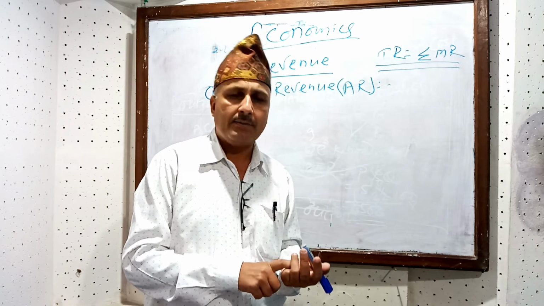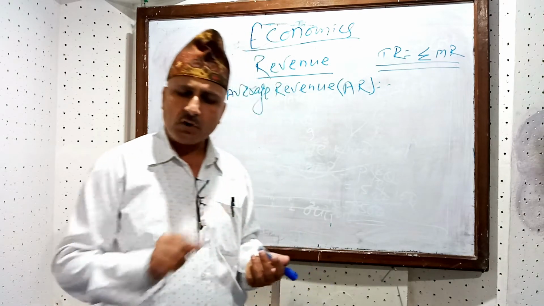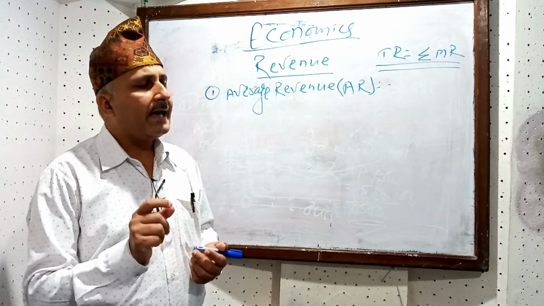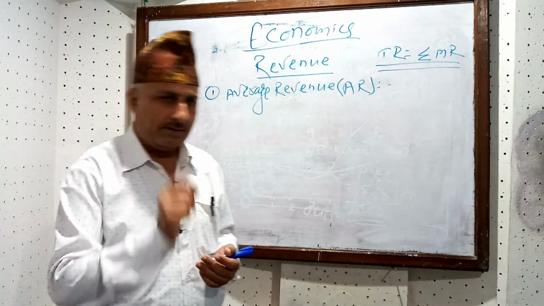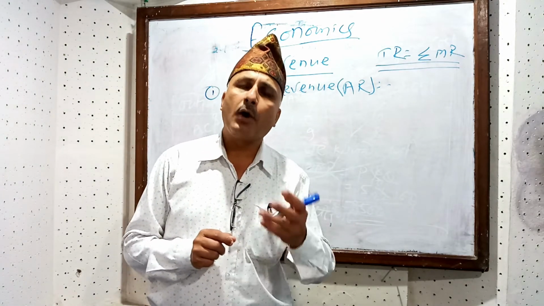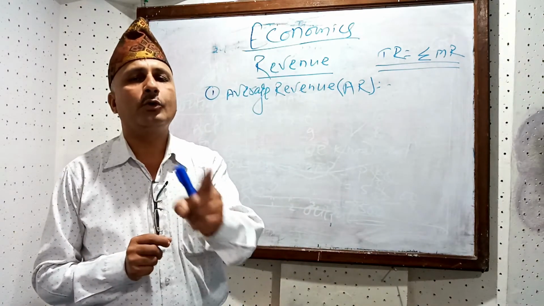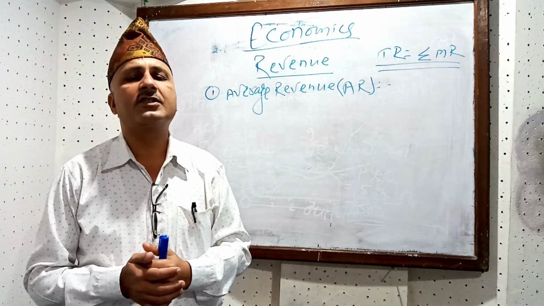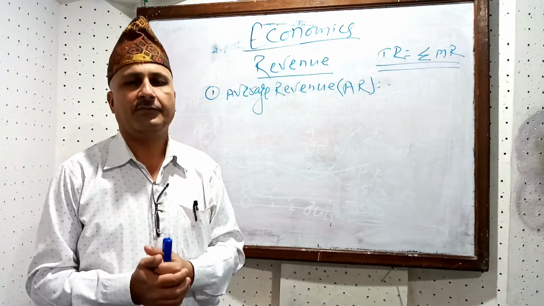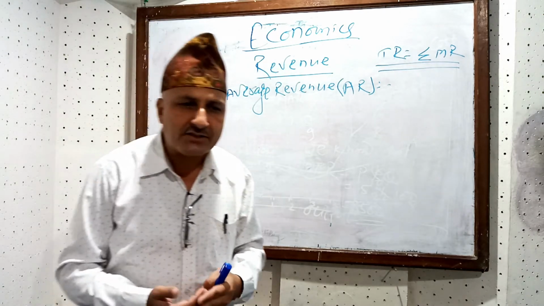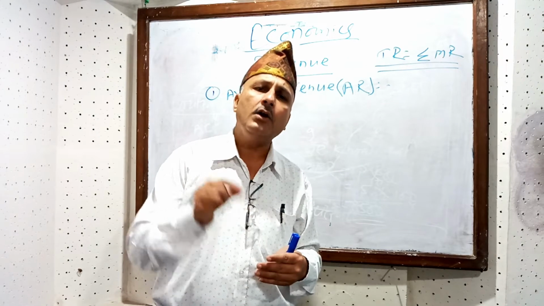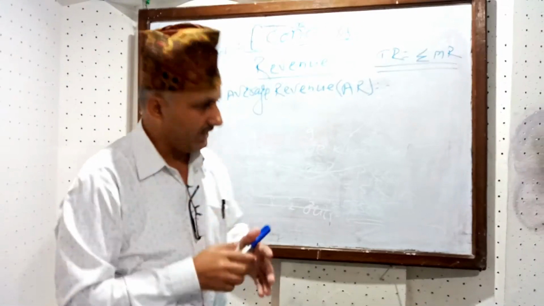Another thing you have to remember is that average revenue is the per unit revenue, or the per unit price. Average revenue is always equal to price per unit. It can also be defined as the price per unit of a commodity.